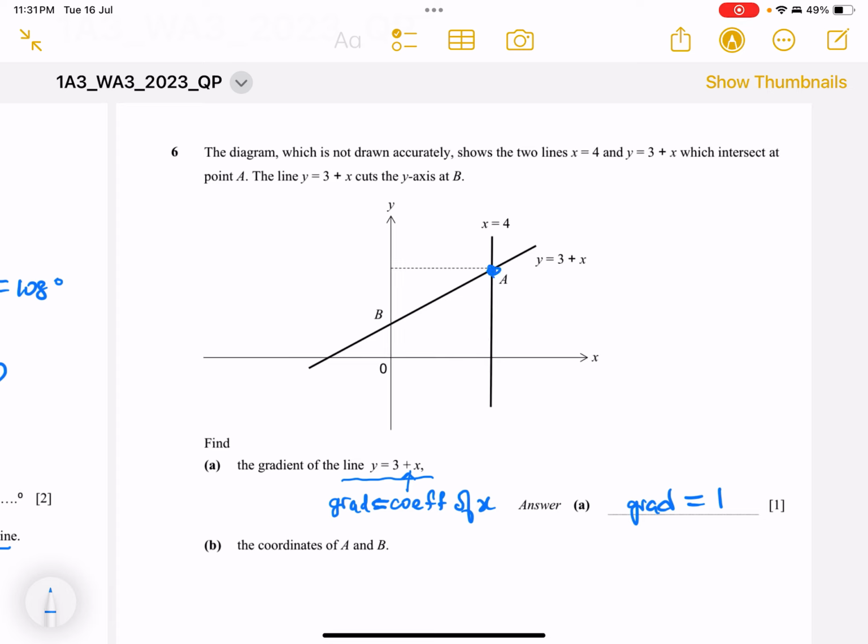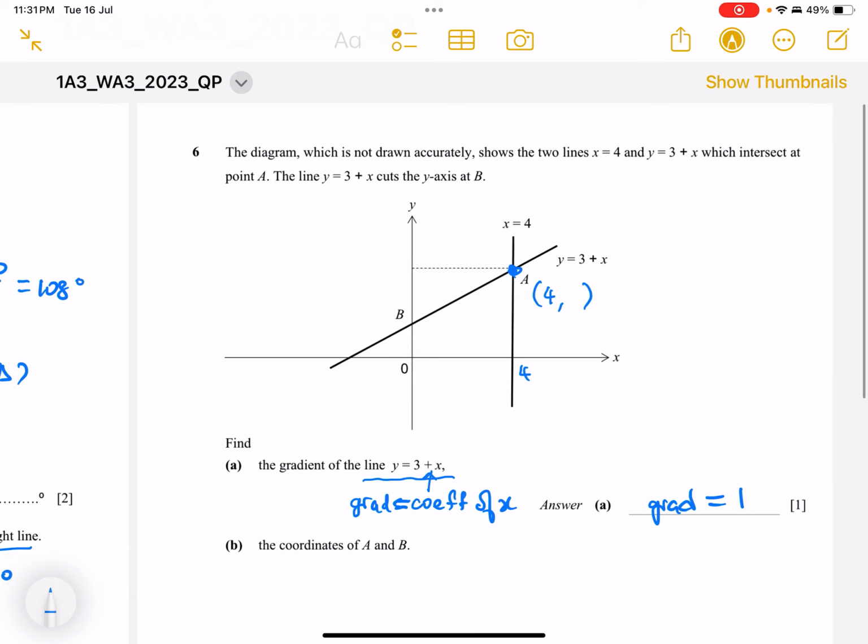Now we have to find the coordinates of A. Coordinates of A, that is two numbers. The x value is 4 because this line here cuts the x-axis at 4. So now to find the y value, we need to substitute into the equation.